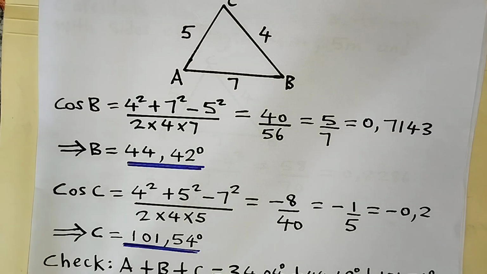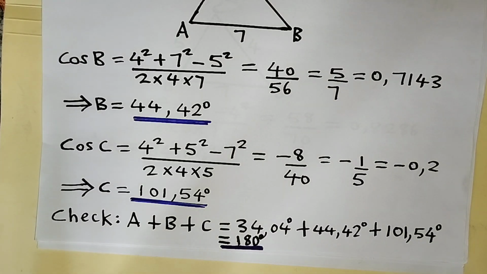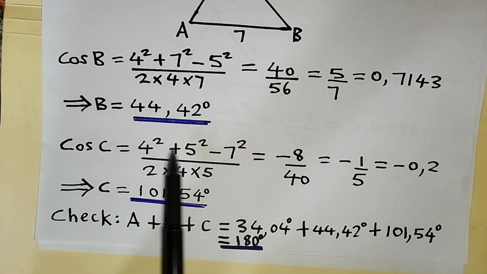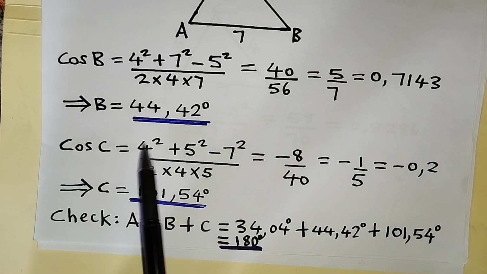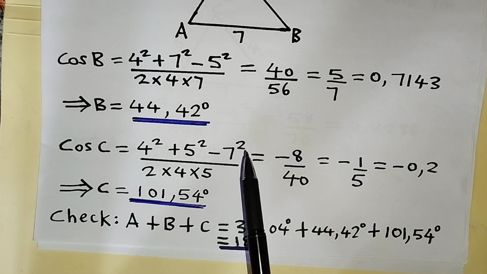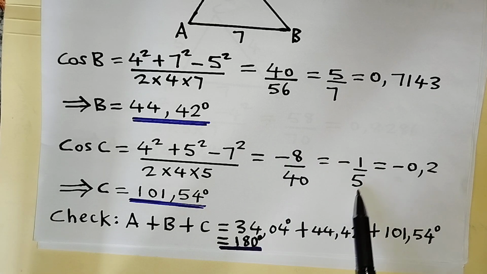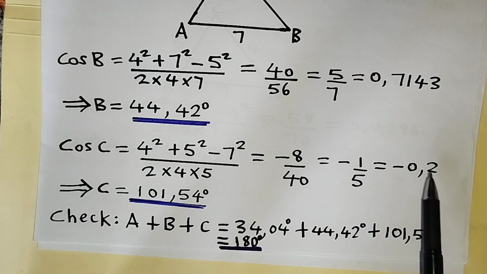Okay, let's proceed. We now want to use this cosine rule to find angle C. So cos C equals 4 squared plus 5 squared, the squares of the side lengths which contain angle C between them, minus 7 squared, which is the side opposite angle C, over 2 multiplied by 4 multiplied by 5, which is minus 1 over 5, which is minus 0.2.